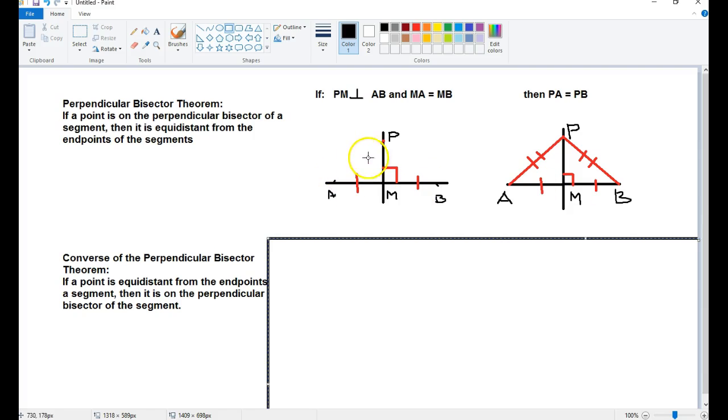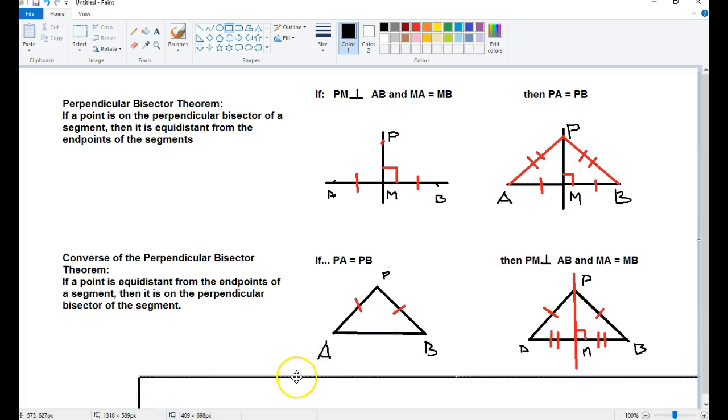So if we draw a line to P from A and draw a line from B to P, those lines would be congruent to each other. That's what this theorem says. So if you're given that PM is perpendicular to AB and that these two segments are congruent, then we conclude that this third one is congruent.